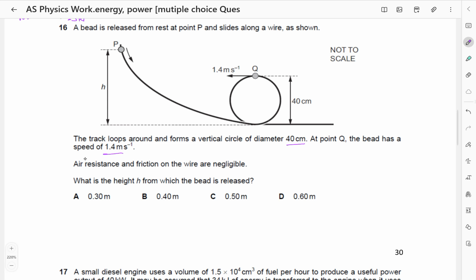Of course, if air resistance and friction are negligible, then because it is released from rest here, it only has potential energy.